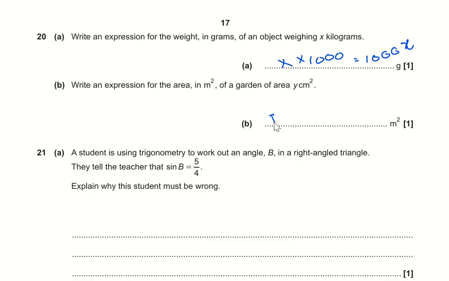That means 1 meter times 1 meter. For 1 meter, we have 100 centimeters, so 100 times 100 is 10,000 square centimeters.